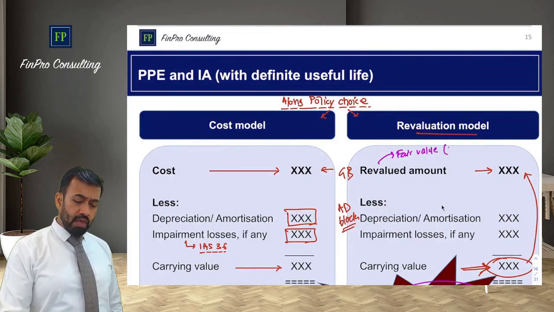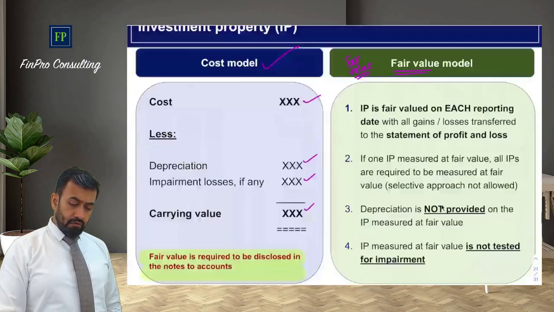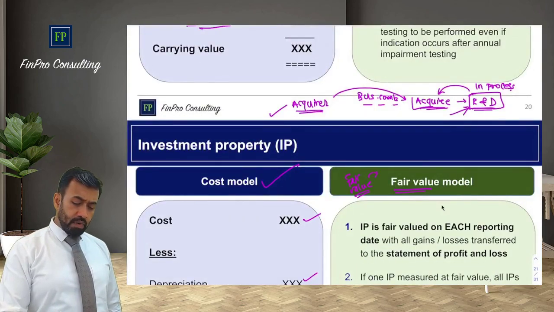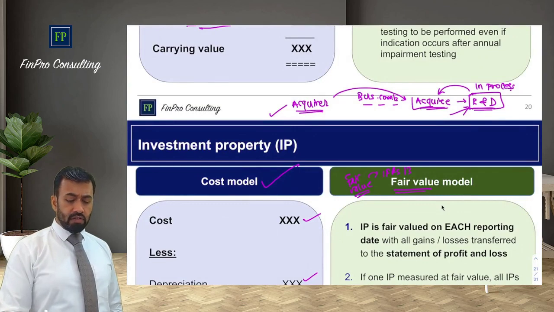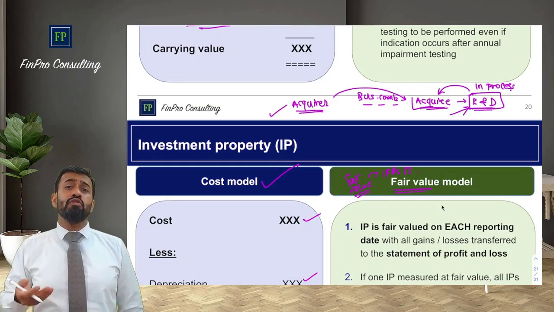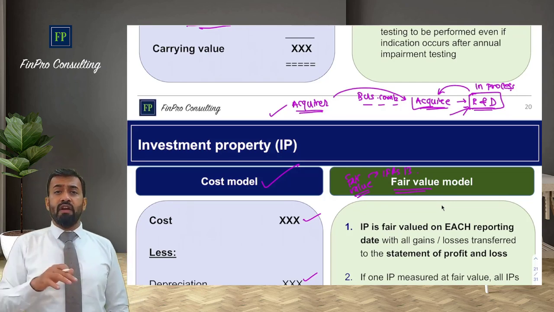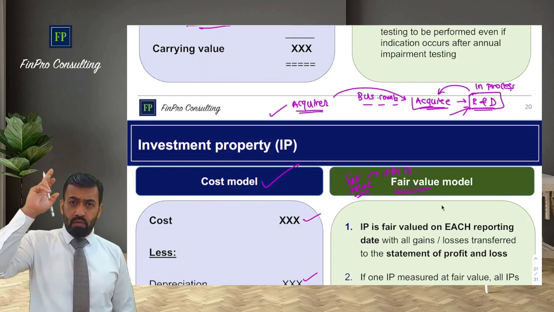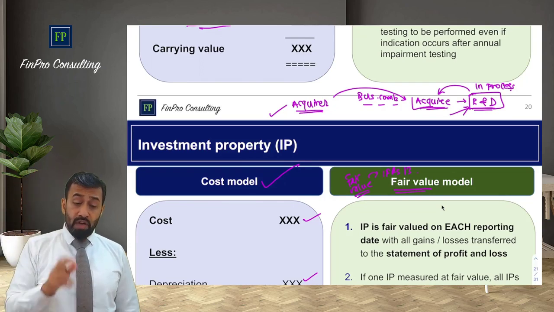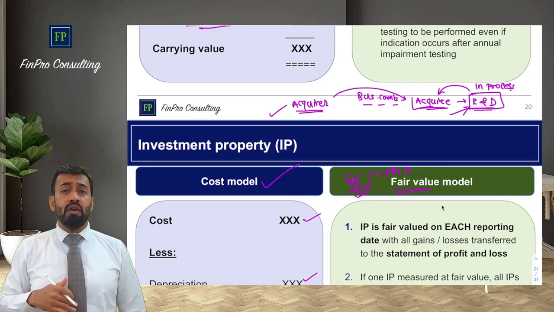This fair value will be as per IFRS 13 fair value measurements. So the underlying principles of calculating the fair value are the same, but the nomenclature is different. There we call it a revaluation model for PPE and intangible assets with definite useful life. Here for investment property it is not a revaluation model, it is a fair value model.